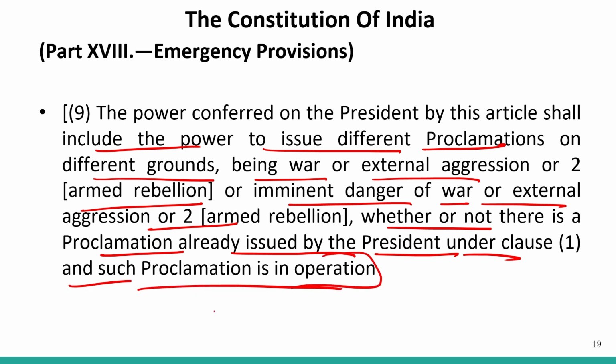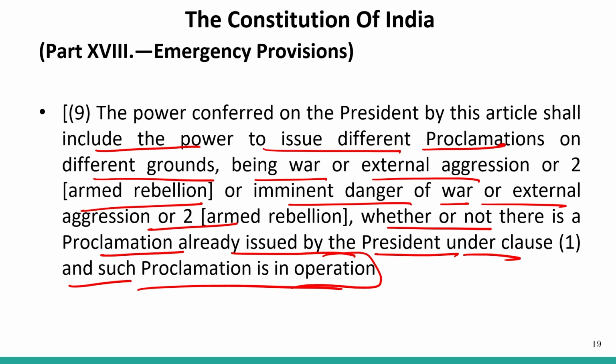So it is not like that if there is one emergency, then only that emergency will be there and another emergency cannot be put up. If the country is going through external aggression, then the emergency has been put on the basis of external aggression. But at that point of time, it comes to the knowledge that there are internal disturbances also, or there is a financial emergency also.